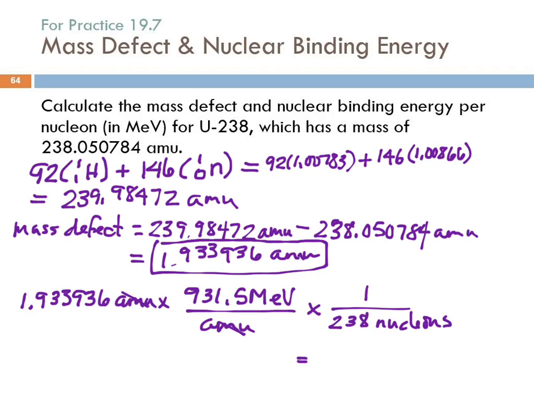Okay, so times 931.5 divided by 238. 7.569. Yeah, that's about right. Mega electron volts per nucleon.